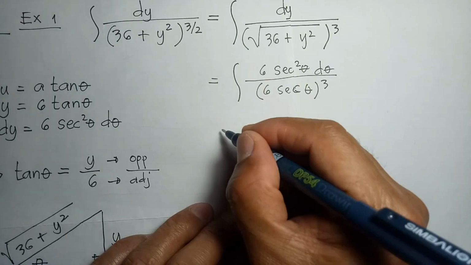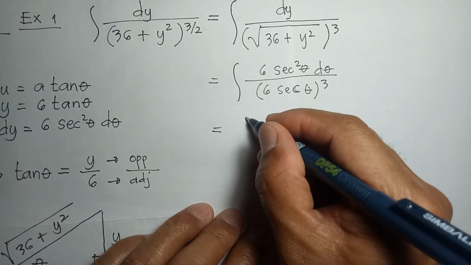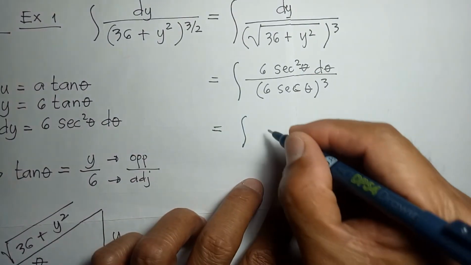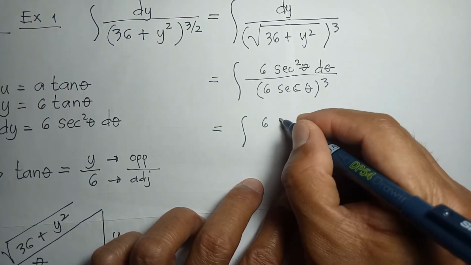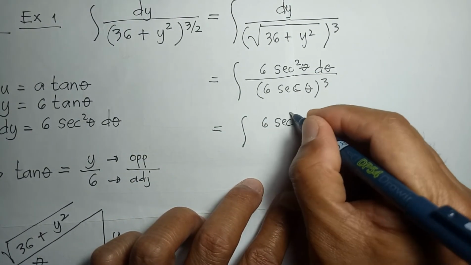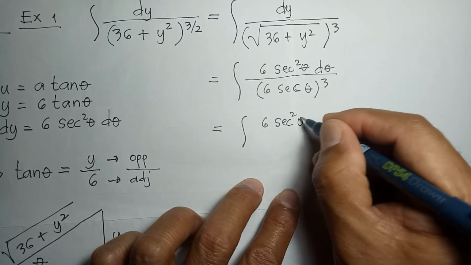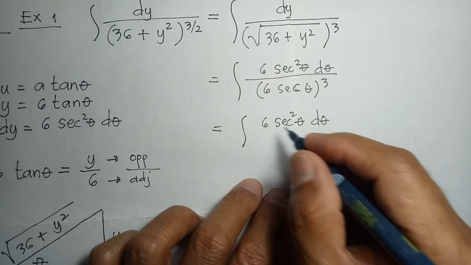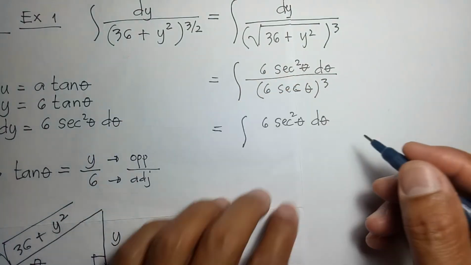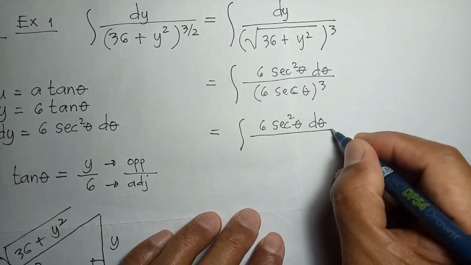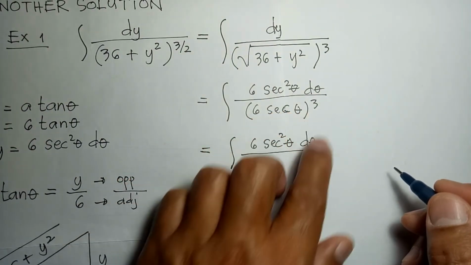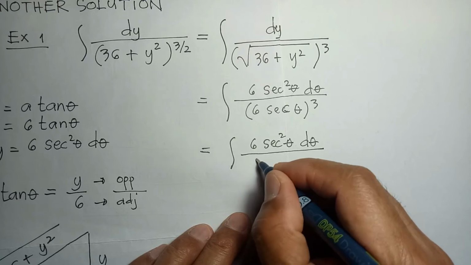Okay. So, I will have integral of, kopyahin lang natin yung numerator. So, meron tayong 6 secant squared of theta d theta. Tapos, meron tayong division line. Tapos, meron tayong 6 raised to 3. So, that's 6 cubed.